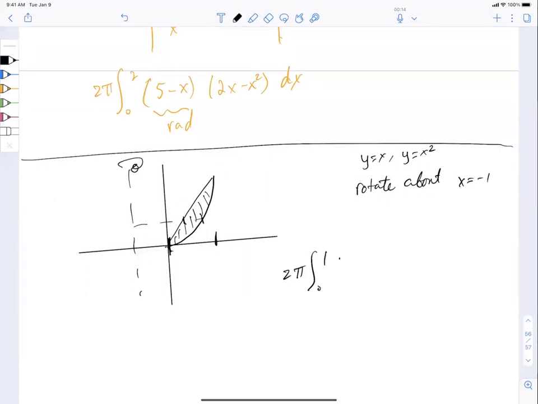Your radius still is x minus -1, which is x plus 1. But the height is now different, because the height for every x is going to be the upper function minus the lower function. The upper function is x, the lower function is x squared.